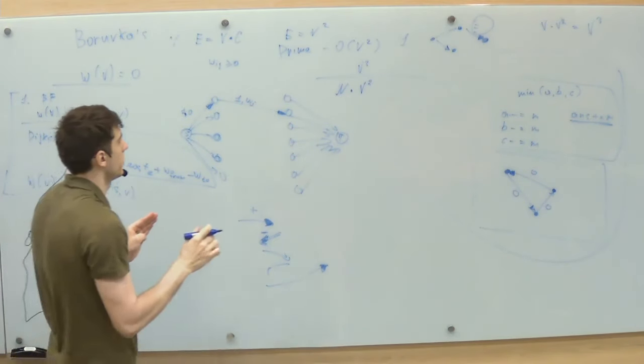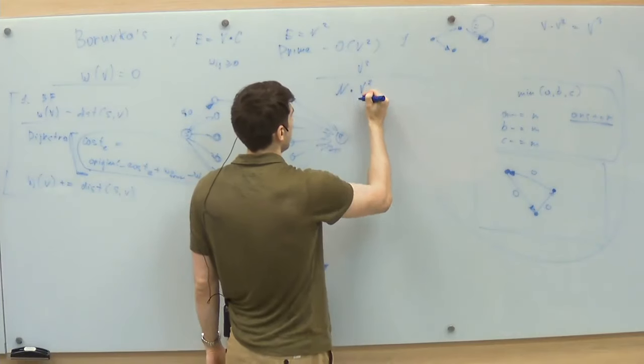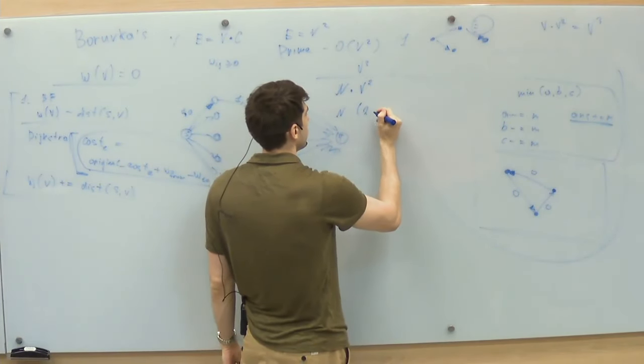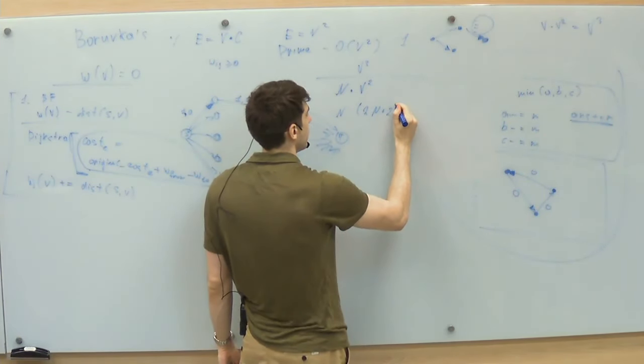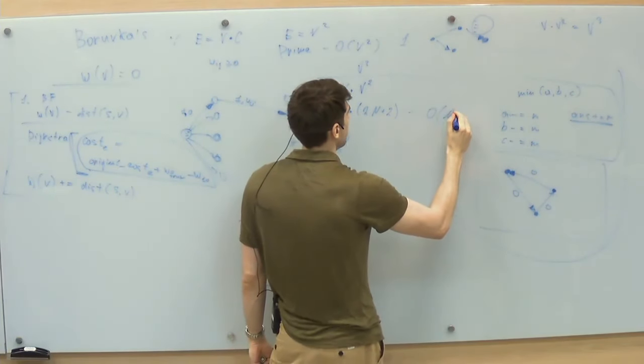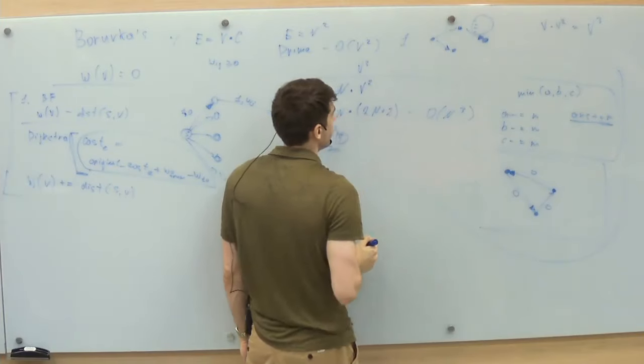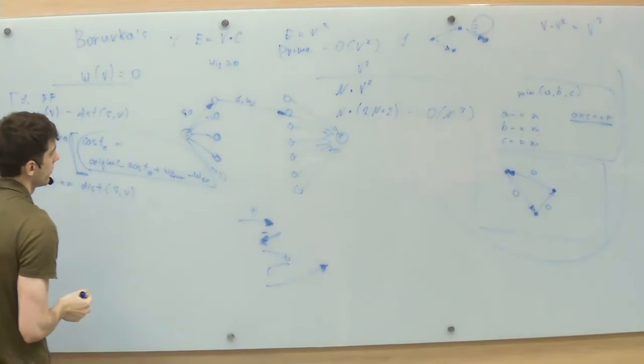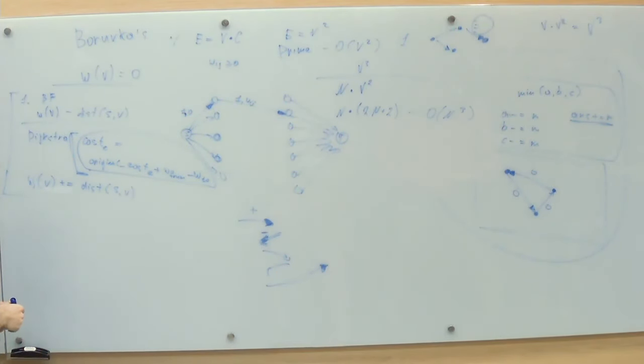And since v is just 2n, this asymptotically works with n cube as well. So it has the same asymptotics as the Hungarian algorithm, but this algorithm has a little bit larger constant, so it's a little bit slower than the Hungarian one.